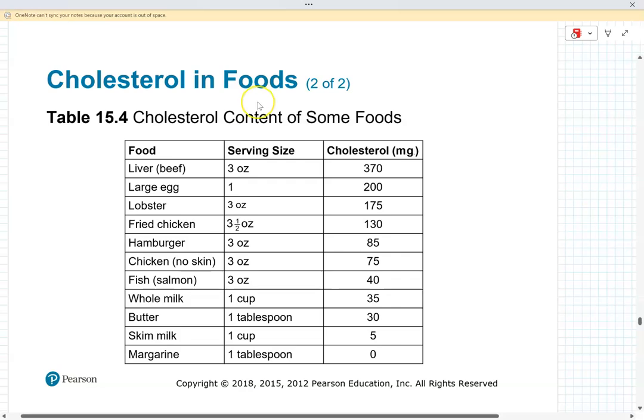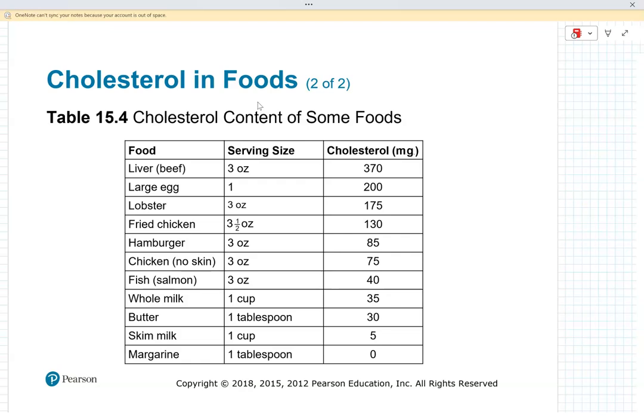Okay? So cholesterol in foods, as we mentioned before, is fairly useless information because only about 15% of your cholesterol comes from food, right? Does that make sense?